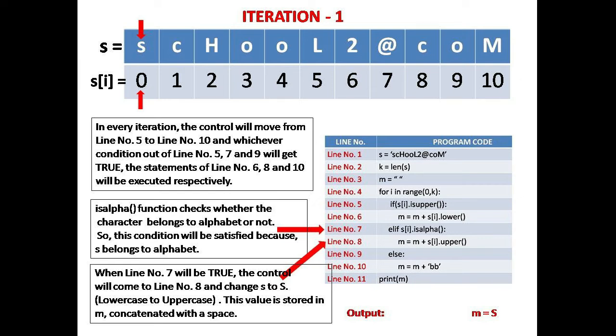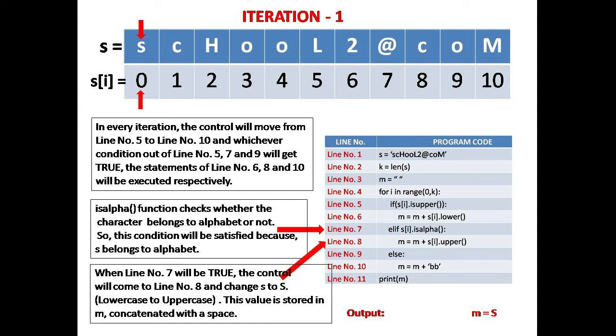So line number 8 will be evaluated, which says m = m + s[i].upper(). The upper function will convert the character to uppercase and it will be concatenated with the string m. You can see m plus s[i].